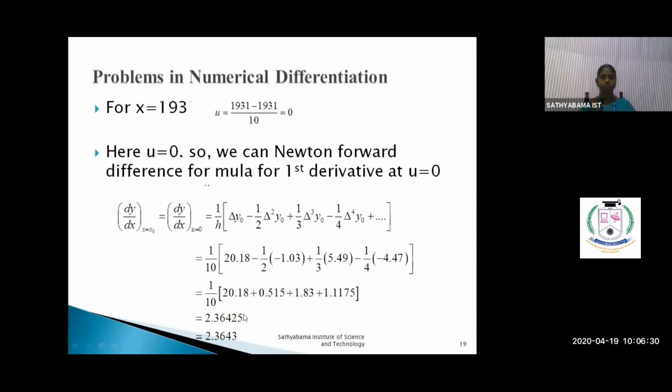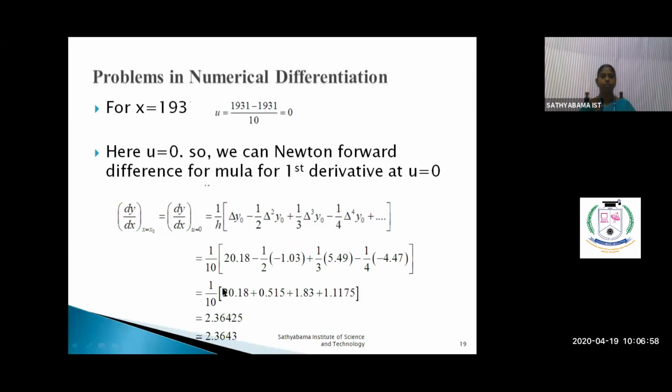Since this 5 is equivalent to 5 or more than 5, we can add 1 to this number. So it becomes 2.3643, which is corrected to 4 places of decimals. If you want 5 places, you can stop here. If you want to correct the answer to the 4th place, I can write it is nearly equivalent to 2.3643.